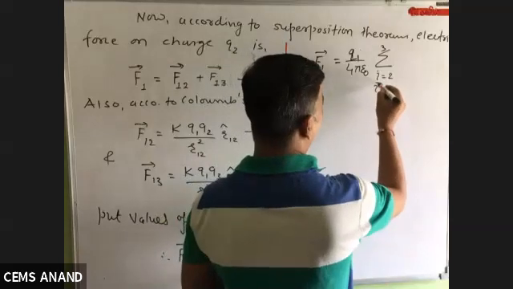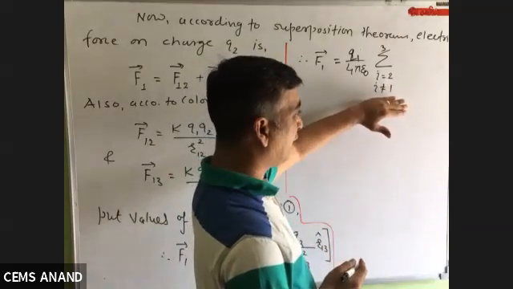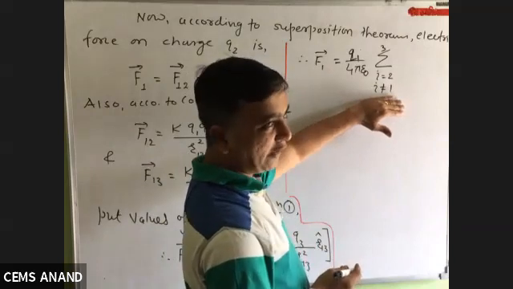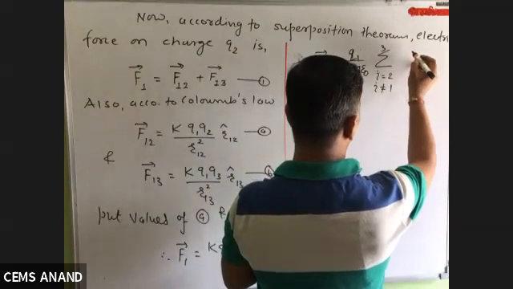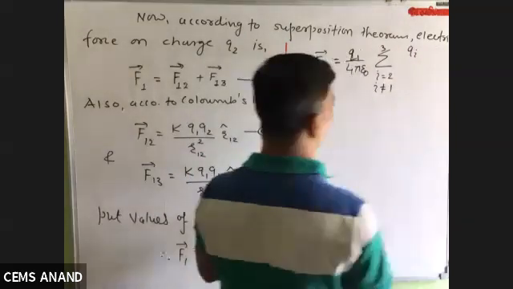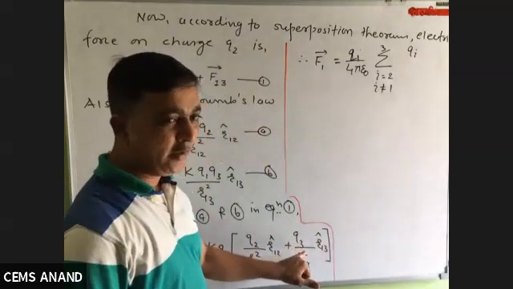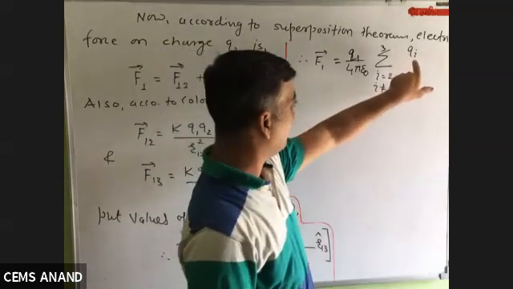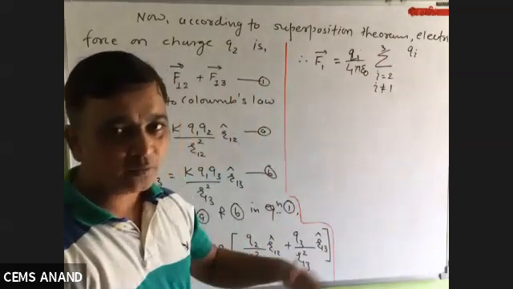But i not equals 1. Even if we do not write this i not equals 1, we are still correct, because we are going to mention it. So now here it is Qi, Q2, Q3, both are denoted with i equals 2 up to 3. So it is 2 and 3.